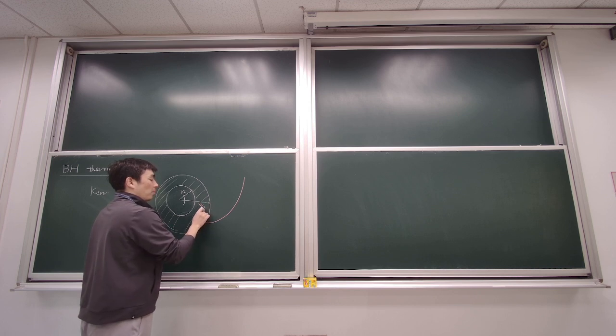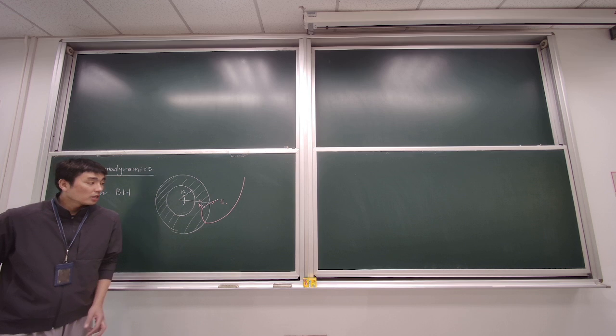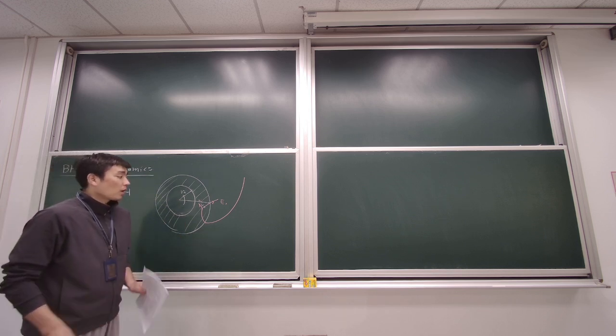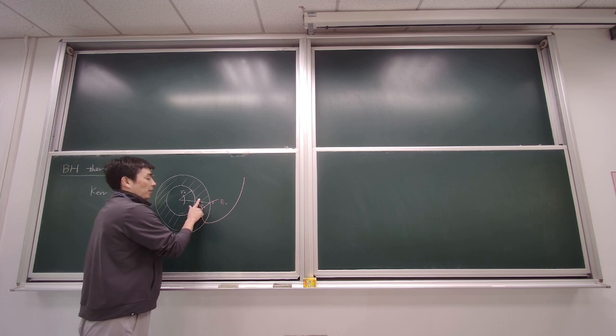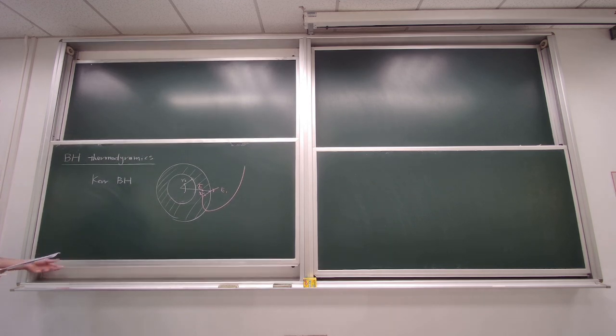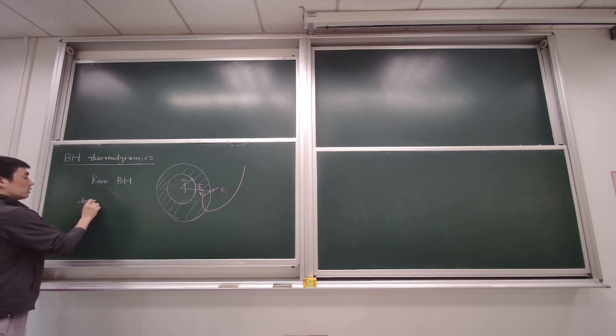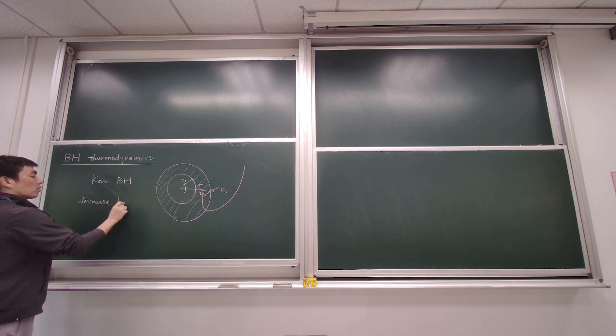If you have a particle splitting into E1 and E2, E2 has a negative energy, but E1 has positive energy, so that one can extract energy from the Kerr black hole. This would decrease both M and J, the angular momentum.